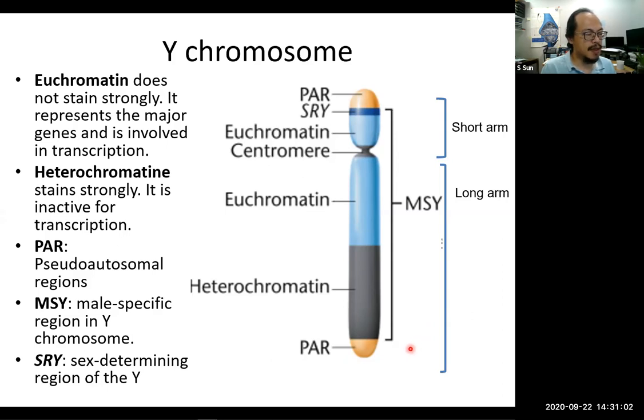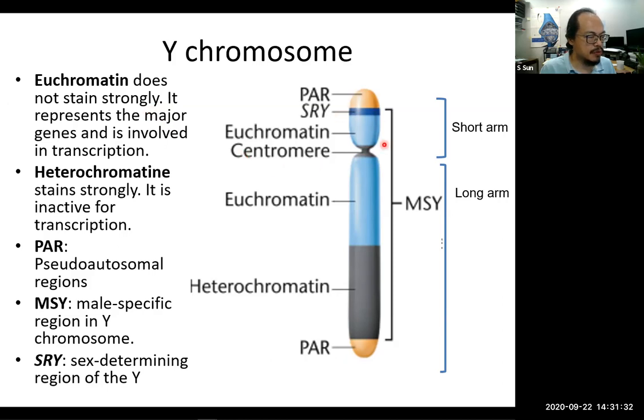When we do the staining, we can stain some portions darker and some lighter. Euchromatin is the portion that does not stain strongly.